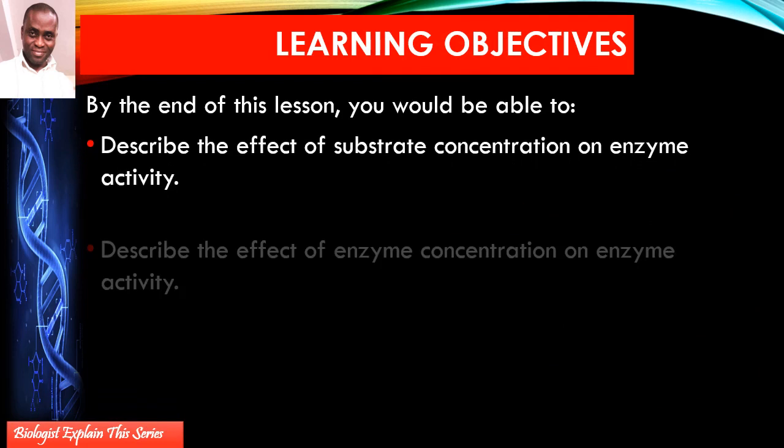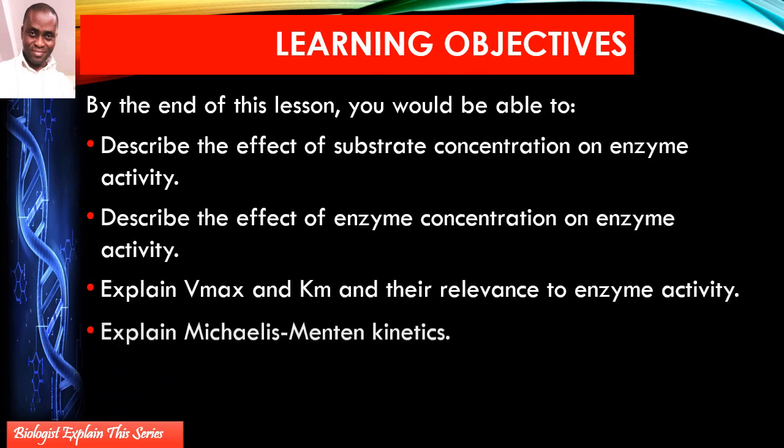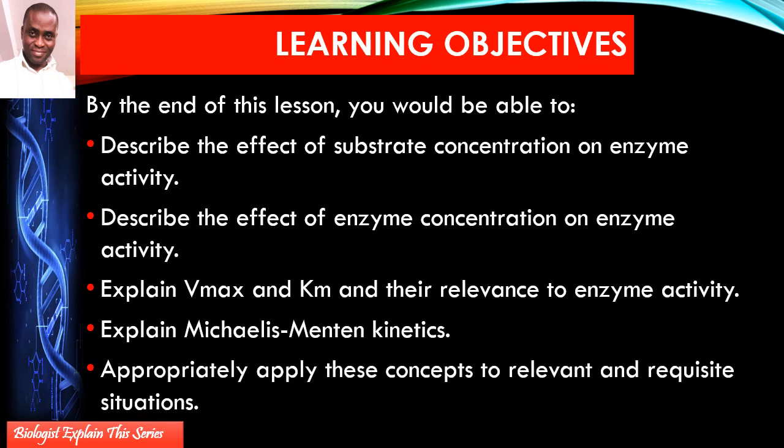Now let's look at our learning objectives first before we proceed. By the end of this lesson, you will be able to describe the effect of substrate concentration on enzyme activity, describe the effect of enzyme concentration on enzyme activity also, explain what Vmax and Km are and their relevance to enzyme activity, explain Michaelis-Menten kinetics, and lastly, appropriately apply these concepts to relevant situations as the occasion may demand.